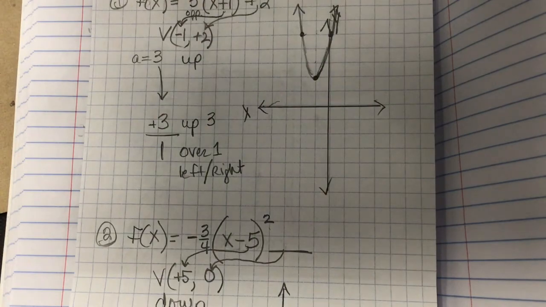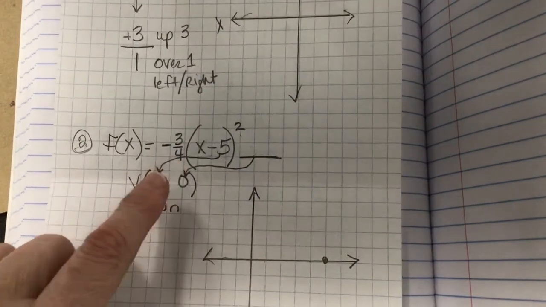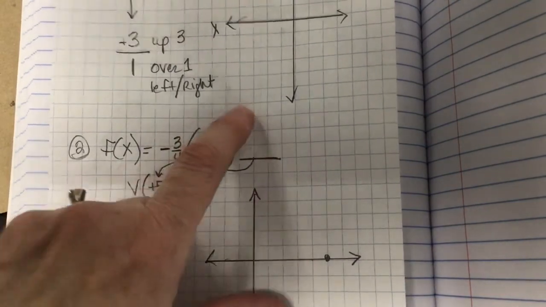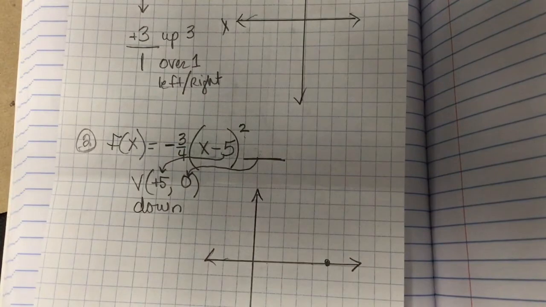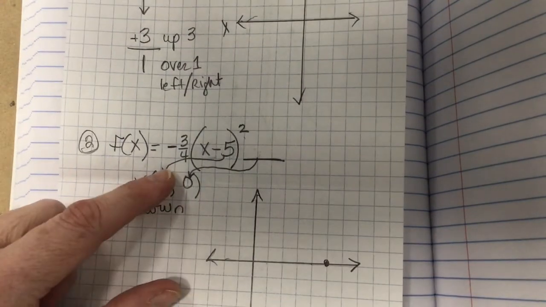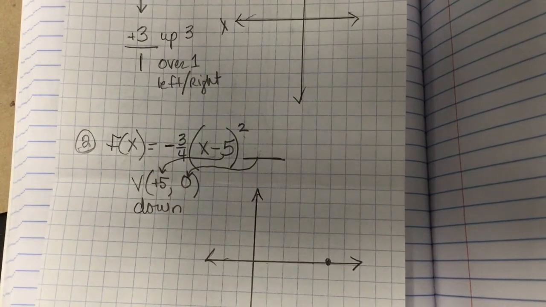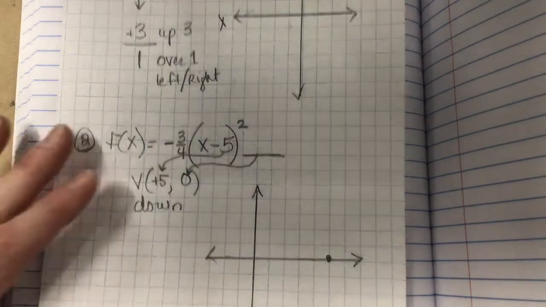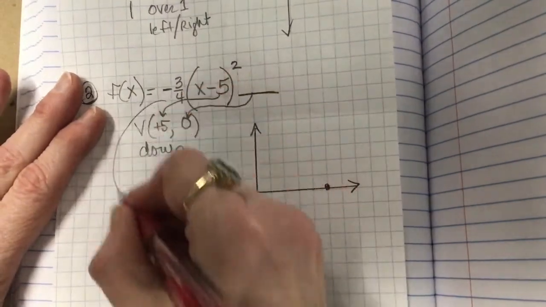You're only going to get 1 on the left and 1 on the right, because 3/4 is attached to an X that's being squared. So it's not 3/4 like its regular slope. And that's the other thing: some of you would do down 3 over 4, which worked with these because they're very linear, but these are not going to work that way. So here's what you need to write.